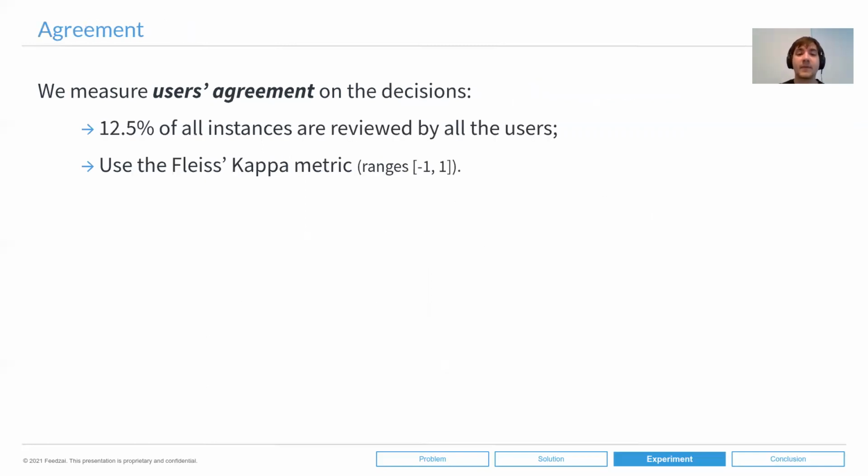Additionally, we have a final metric, which was user agreement. We reserved part of the sample to be reviewed by all the users, and we observed the agreement between the users on that sample, so if they made the same decision for those instances or not. To measure this, we used the Fleiss kappa.